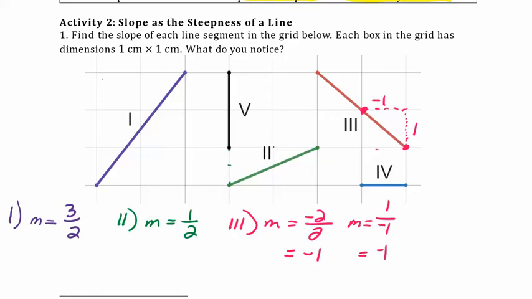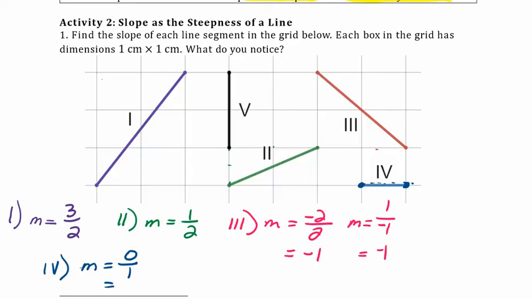All right, let's look at these last 2, which are a little bit tricky. Let's look at 4. They're a little different. If I move from this point to this point over here, I don't have any vertical change, right? I'm just moving 1 to the right. So if I write the slope, I have 0 vertical change over 1 horizontal change.